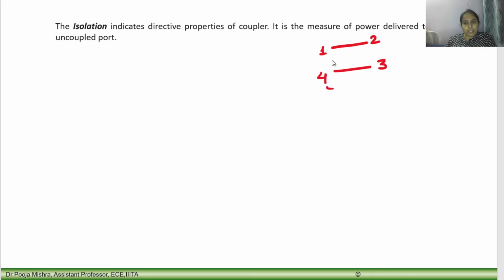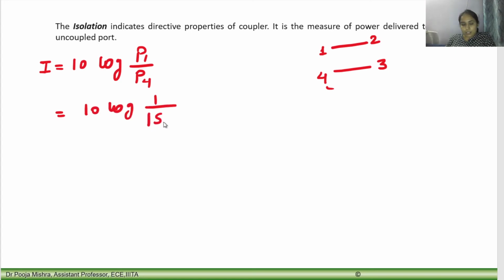If some power is coupling into port 4, it is not an ideal coupler; some power is leaking into port 4. So how do we determine isolation? Isolation is defined as 10 log of input power divided by the power in the uncoupled port. So it is equal to 10 log of 1 by mod S14 or S41 square, since it is a power, which is minus 20 log of mod S14.